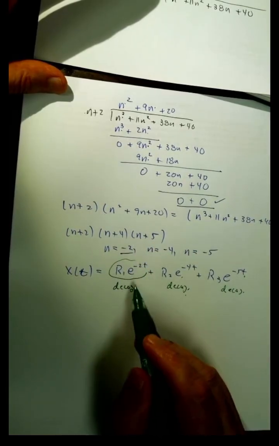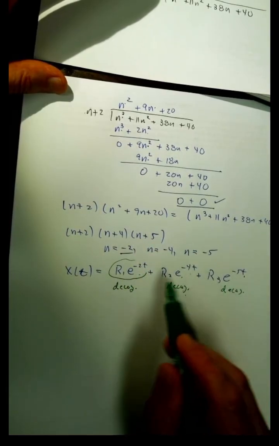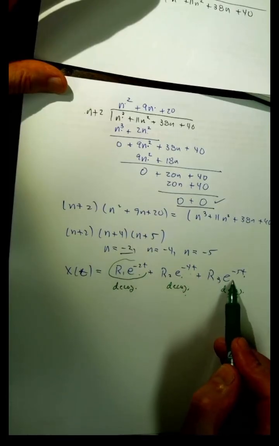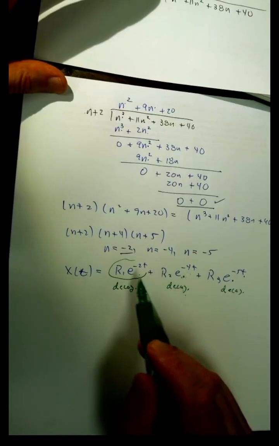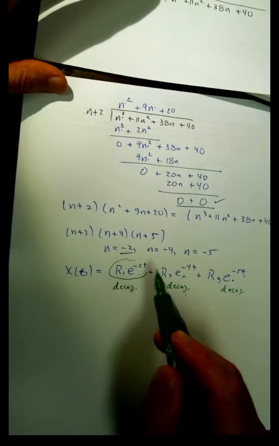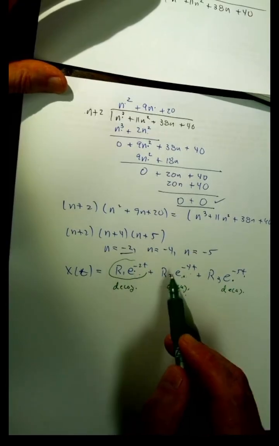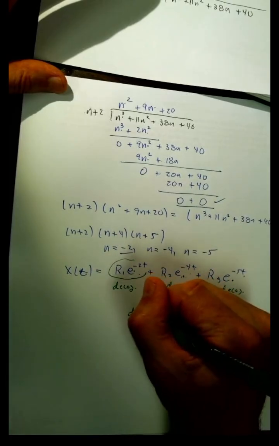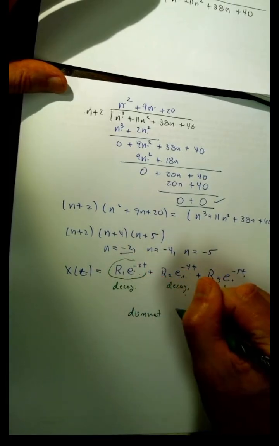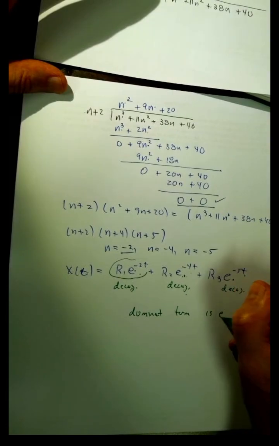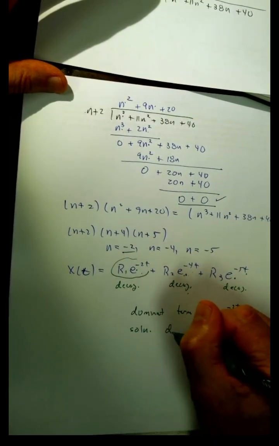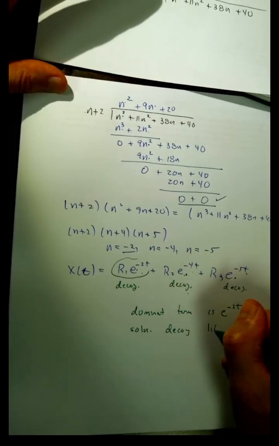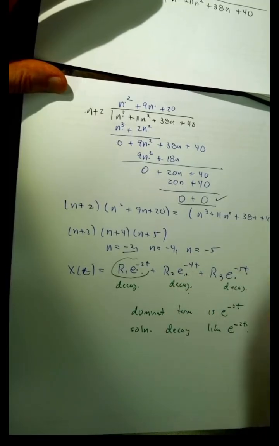This decays to 0, but not nearly as fast as these other two. So after a short amount of time, this is really close to 0, much closer than e to the minus 2t, and so you're basically adding up zeros. So the dominant term is e to the minus 2t, which implies the solution is going to decay like e to the minus 2t.